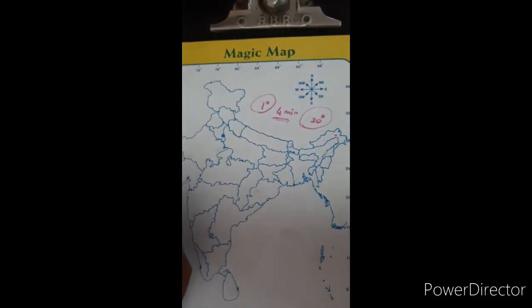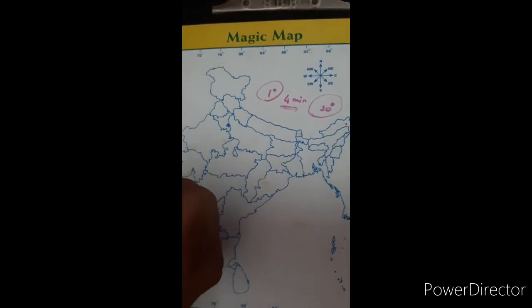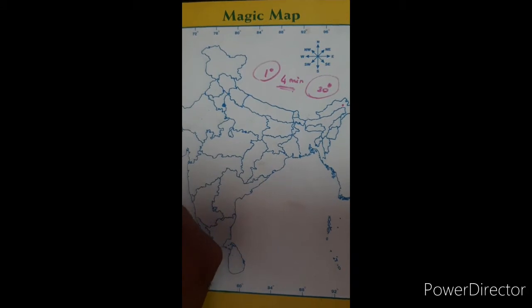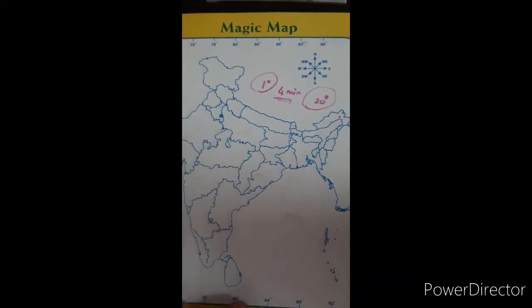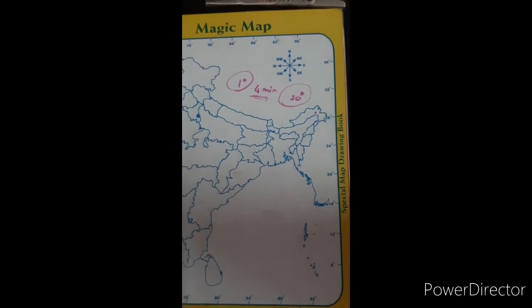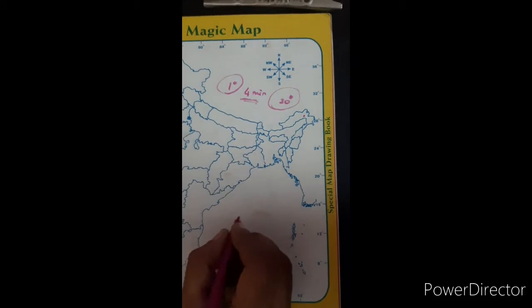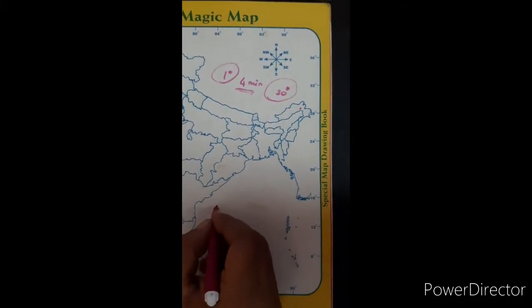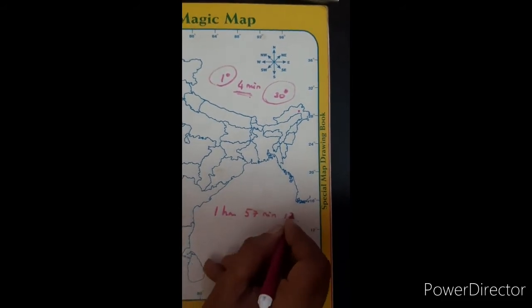So it would be very difficult for us to calculate the timing. So they decided to follow a common time in India. The difference between Gujarat and Arunachal Pradesh came to nearly 2 hours, that is 1 hour 57 minutes and 12 seconds.